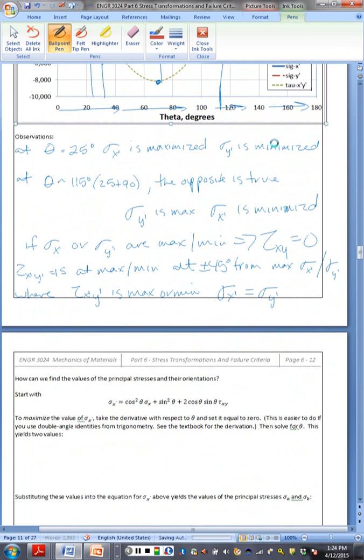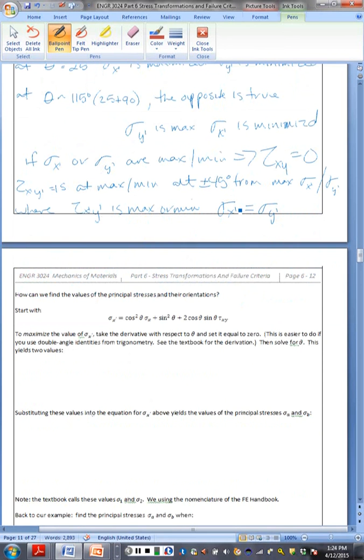So how can we find these very important values? If we start with the fact that we have just derived that sigma x prime is equal to this expression, cosine squared of theta times the untransformed normal stress in x, plus the sine squared of theta times the untransformed sigma y, plus 2 times cosine times sine times the untransformed shear stress xy.